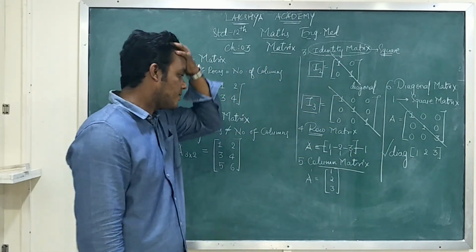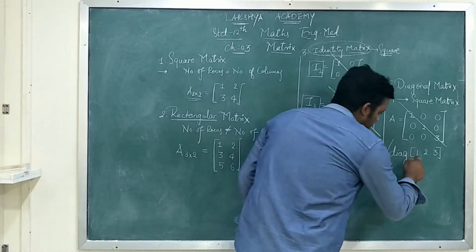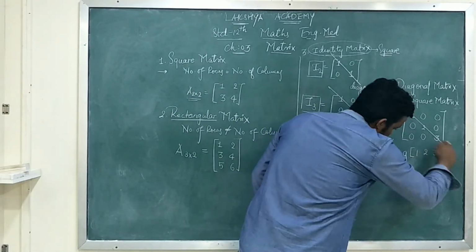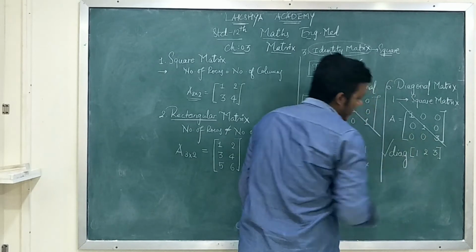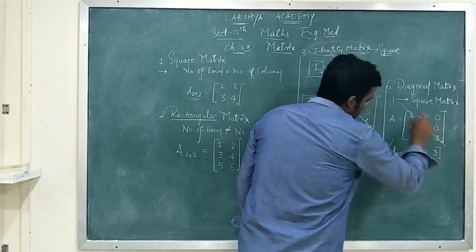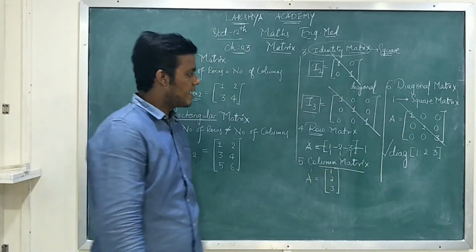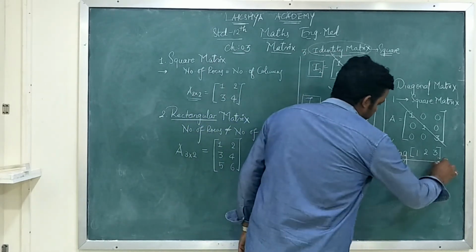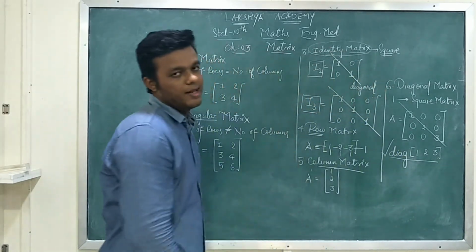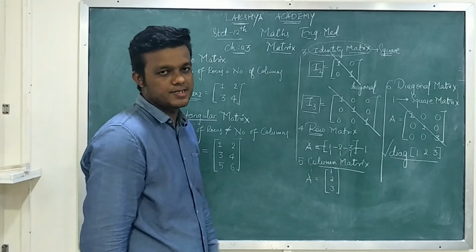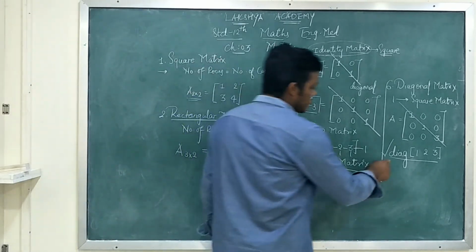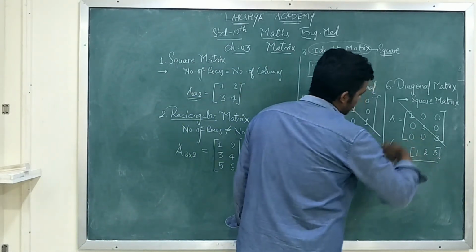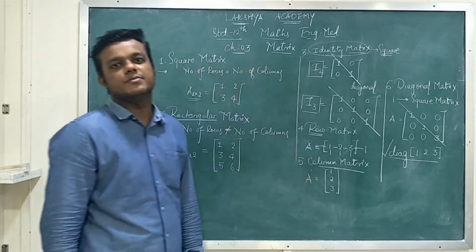It shows that a matrix having 1, 2, 3 on the diagonal, and except those 3 members, all the members are 0, right? In an MCQ or in a question, you will see this type of representation. So it will show that this is about the diagonal matrix, right?